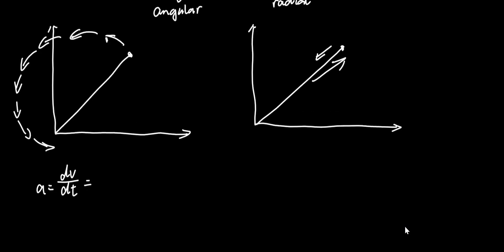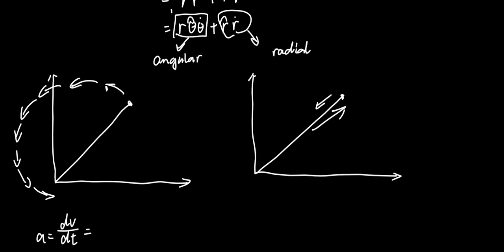Well, after deriving the velocity, of course, we're going to deduce the acceleration. Basically, acceleration can be written as the derivative of velocity with respect to time. And here, velocity is just this part.